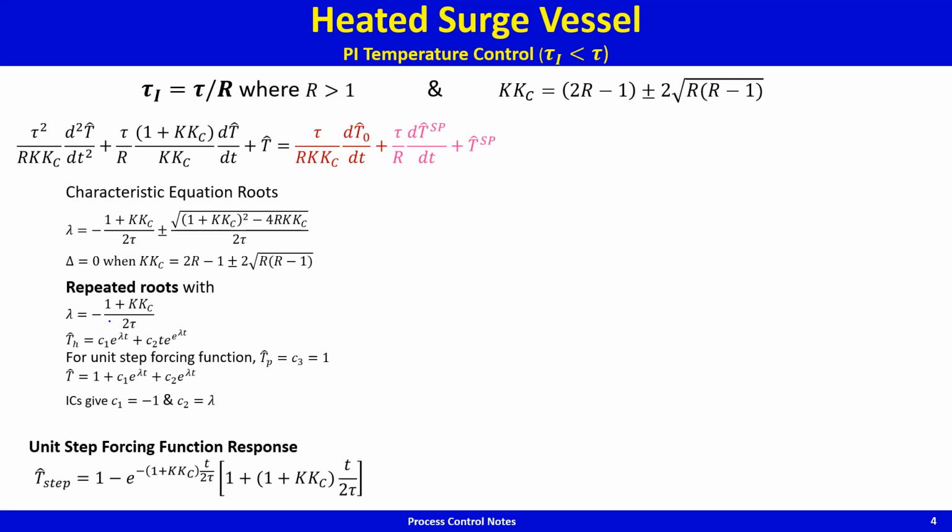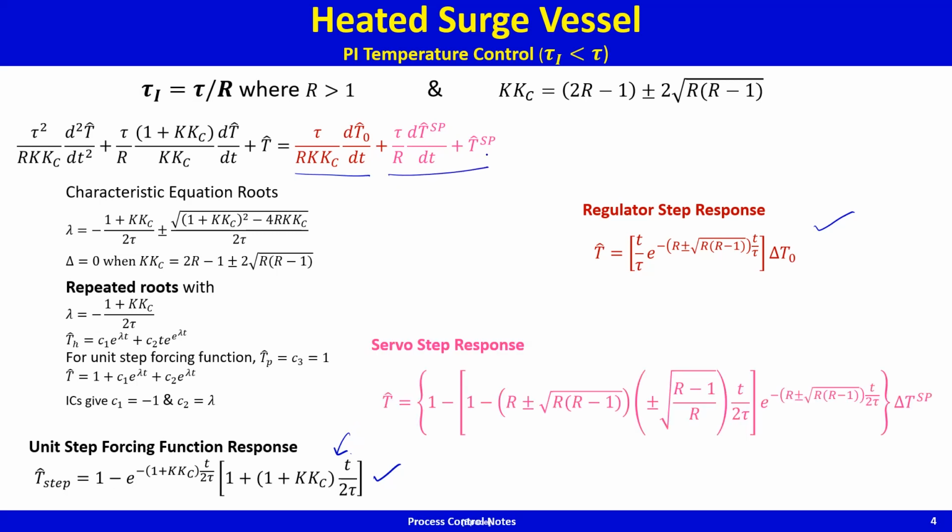So the unit step forcing response turns out to be this, as we derived, and after doing the necessary algebra, tau by r K Kc times the differential of the right hand side here gives you the regulator response as follows, and tau by r times differential of the right hand side here plus the right hand side gives you the servo response as this.